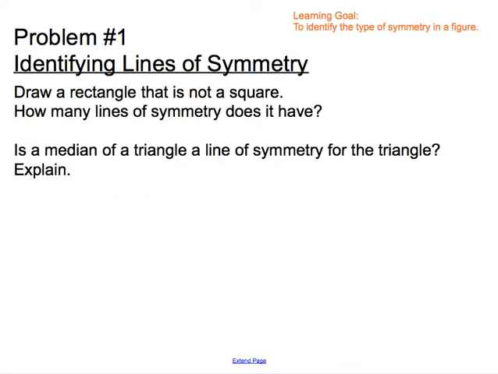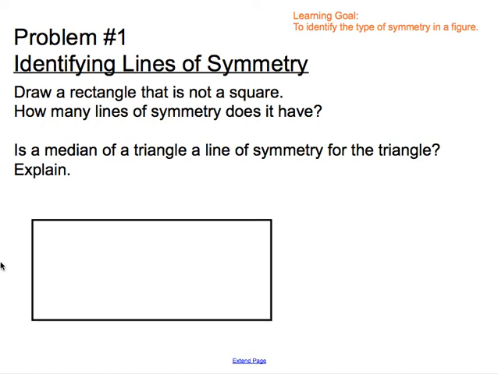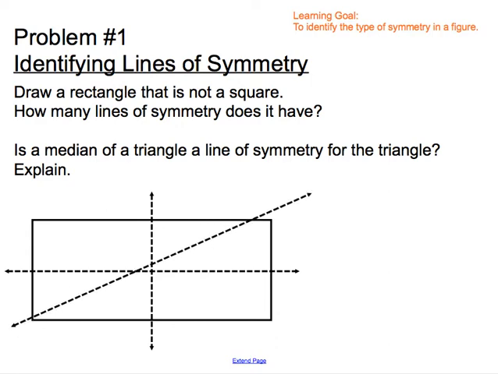Then we get into different figures. Let's take a look at a rectangle. Here we've included a rectangle that is not a square on the slide. Certainly we can cut this rectangle both horizontally and vertically with no issue. The problem with rectangles is when we attempt to cut across the diagonal.